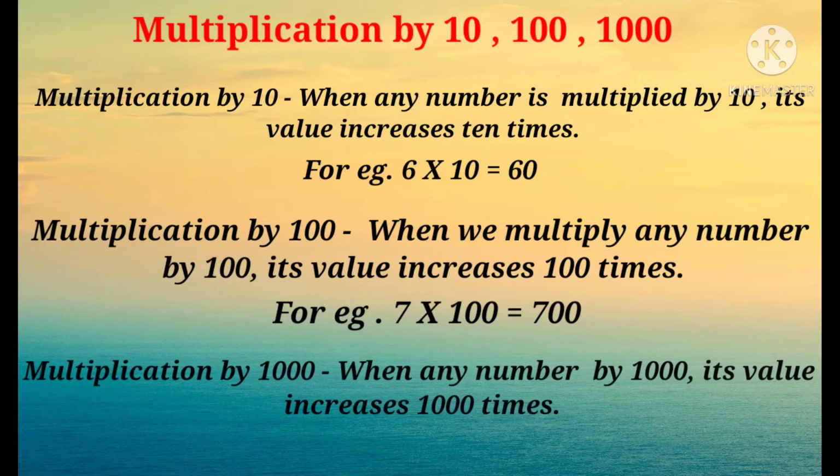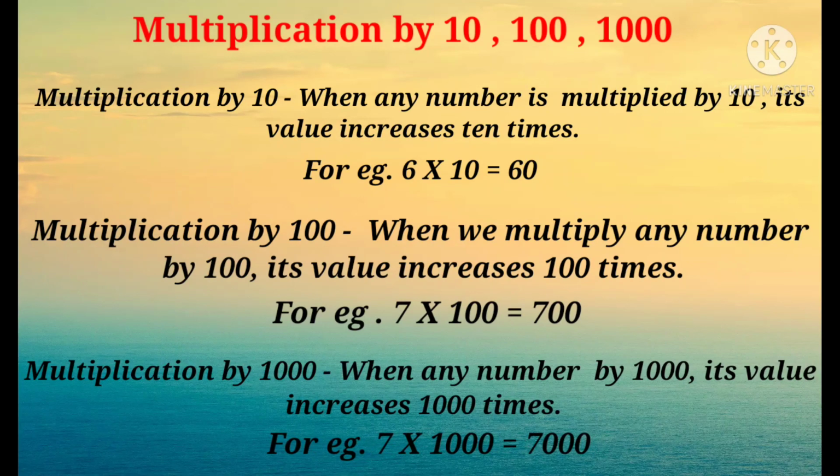Now to multiply by 1000, again the same way, first multiply the non-zero numbers. So suppose if we have to multiply 7 into 1000, we first multiply 7 and 1, we get 7, and since there are 3 zeros in 1000, we put 3 zeros to the right of the number.